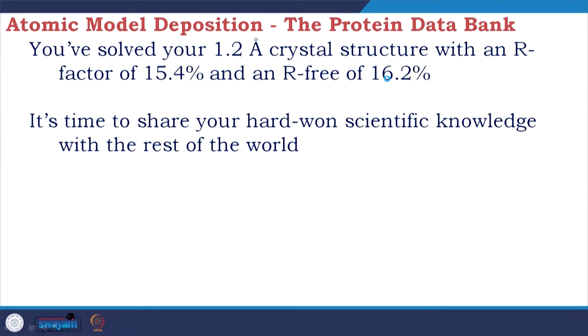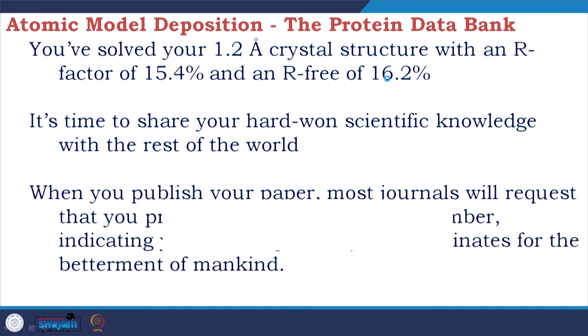So, now we have done everything. So, let us deposit the model in the Protein Data Bank. So, you have solved your 1.2 angstrom crystal structure with an R factor of 15.4 and R free of 16.2. It is time to share your hard earned scientific knowledge with the rest of the world.